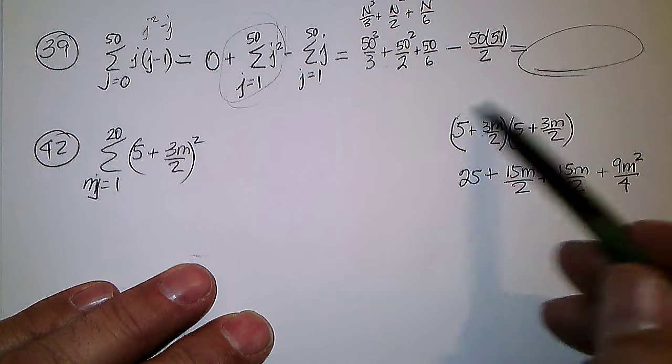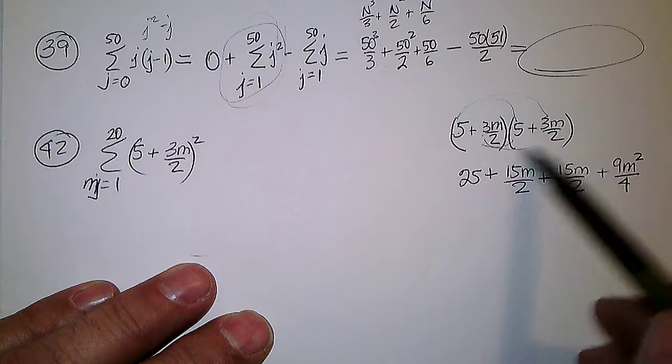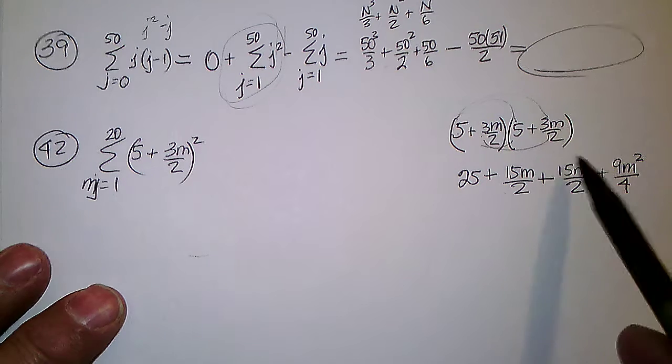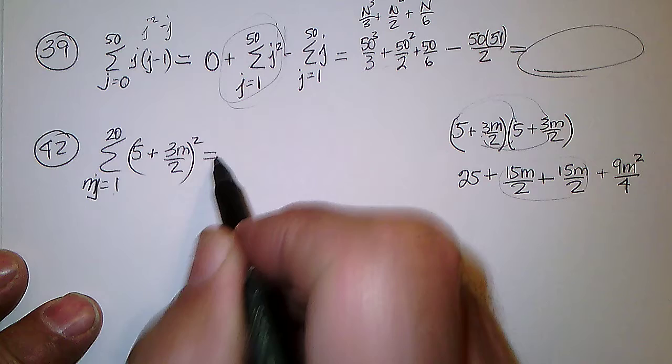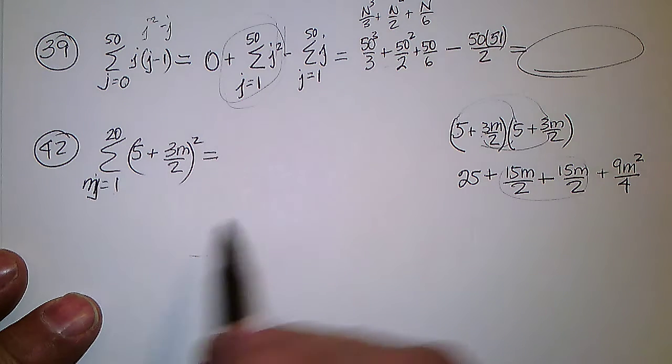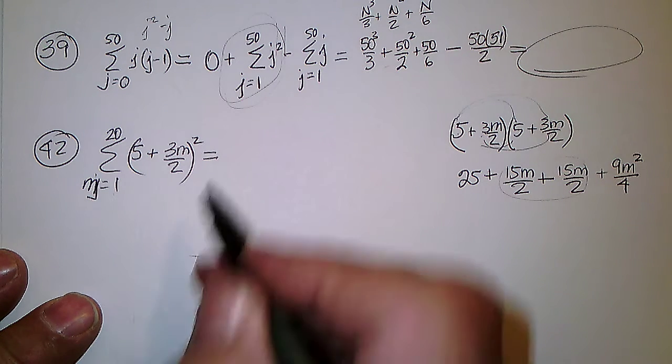So I multiplied first, outsides, insides, last. These are like terms and they add up to be 15m. So this is a summation from 1 to 20, but I can do each part separately.